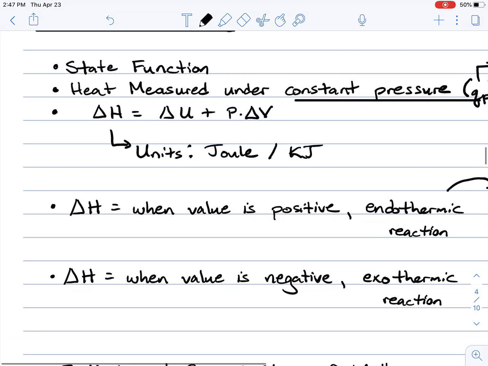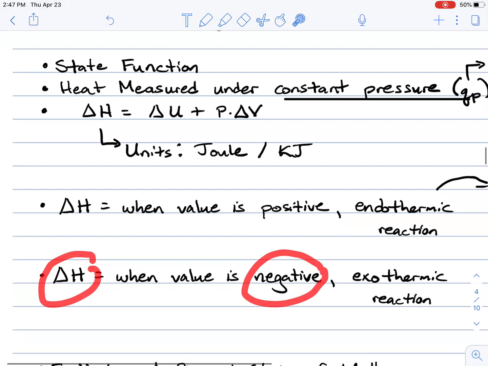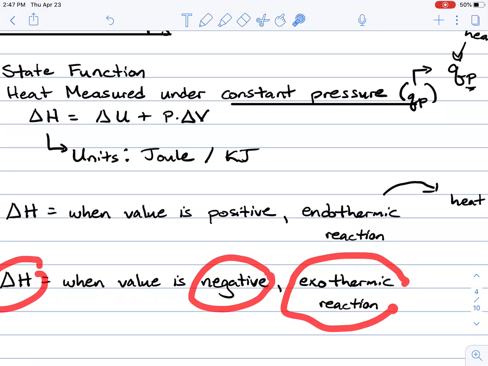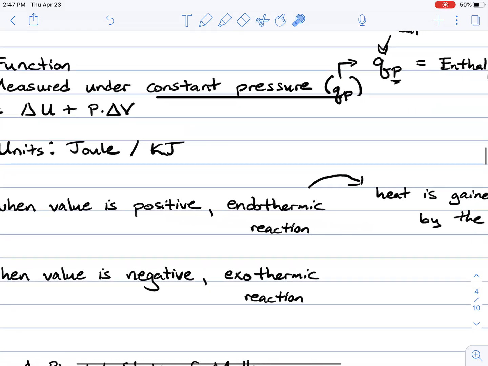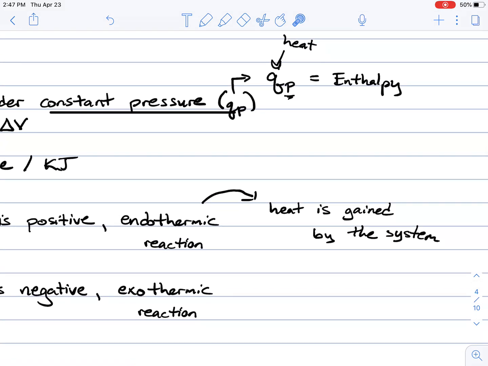And so if your enthalpy is negative, that means that an exothermic reaction occurred. And so for an exothermic reaction, heat is being released by the system.